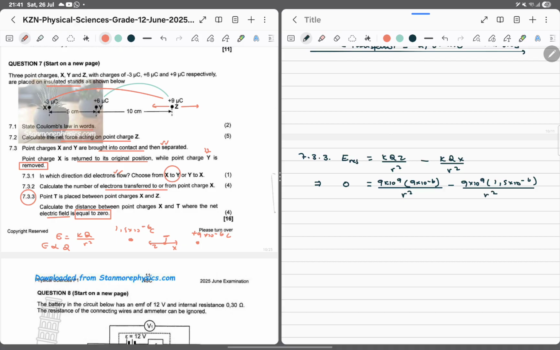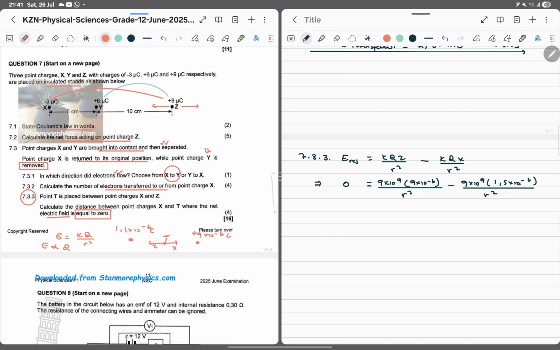But my problem here is that we cannot have R squared and R squared. We are not at liberty to do that. Now we need to think about it.